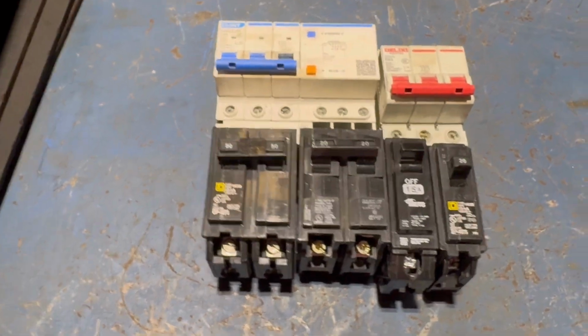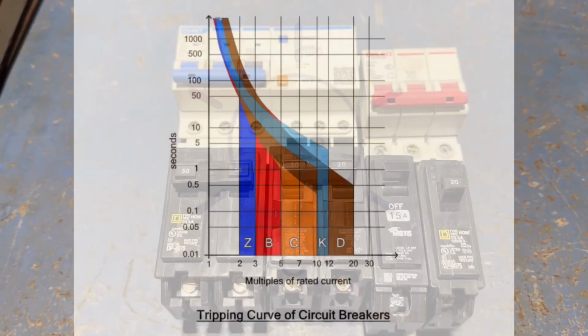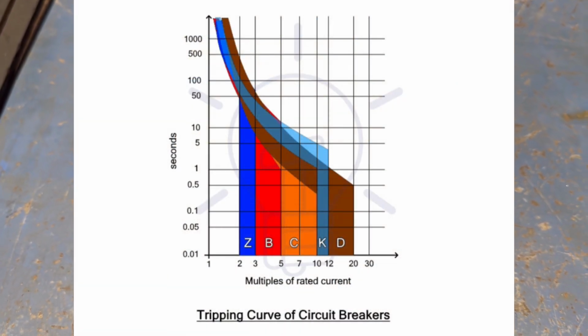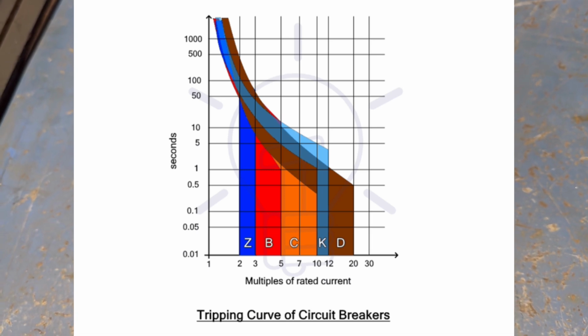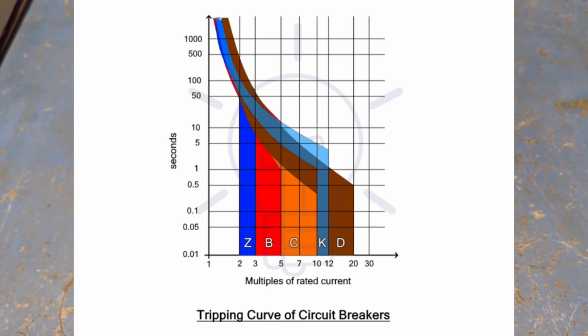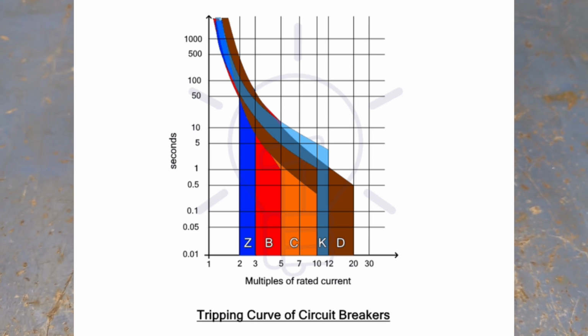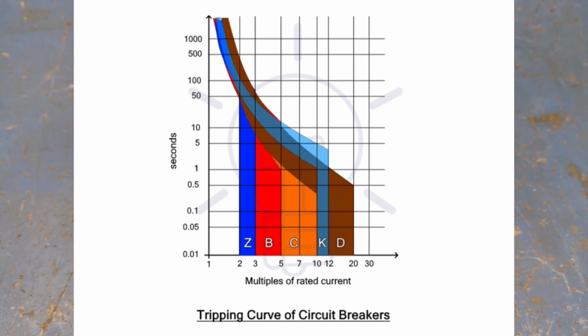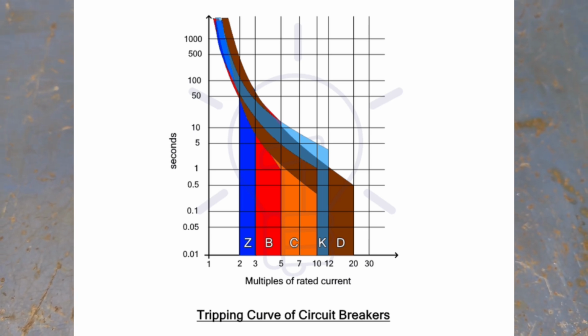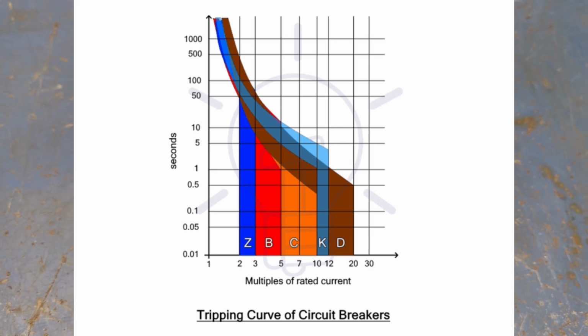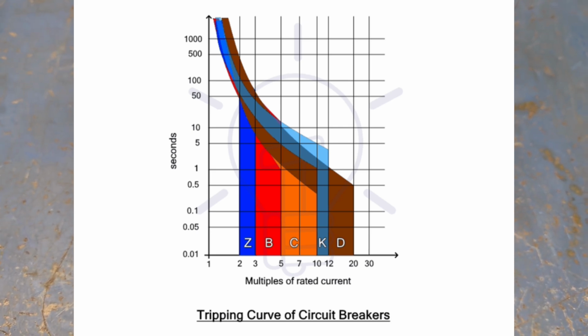And there is a tripping curve for circuit breakers, and that shows you, based on the letter rating, how much the current has to exceed the rated current before it will trip, and how long it will take to trip.